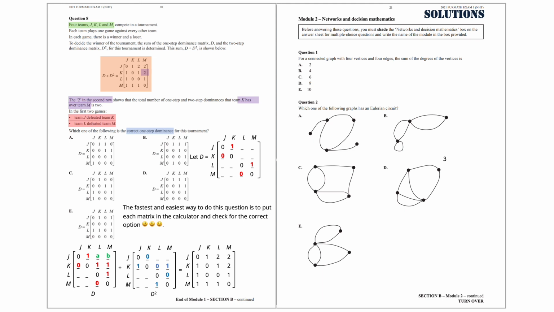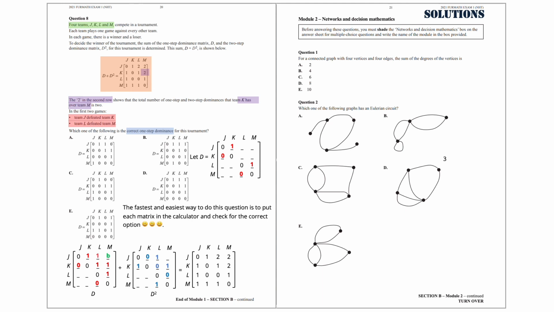We are now going to multiply row 1 by column 3. And that is 0 times A plus 1 times 1 plus A times 0 plus B times 0, and that equals 1. So the element in row 1, column 3 in matrix D squared is 1. A plus 1 equals 2.